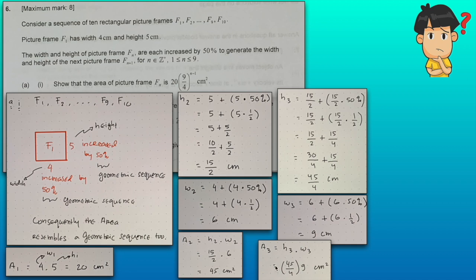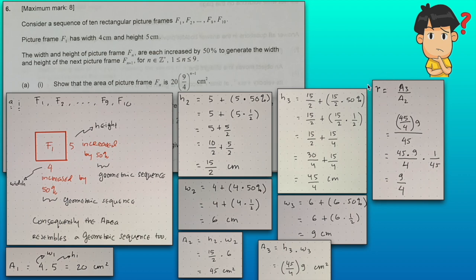From these two areas, we can also calculate the common ratio, because we know that the sequence resembles a geometric sequence, and a geometric sequence must have a common ratio. So the common ratio is equal to area 3 over area 2. Substitute area 3 into the numerator and area 2 into the denominator and simplify to get 9/4.